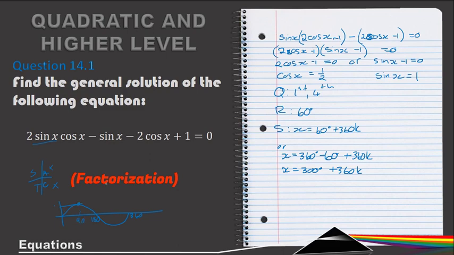So I can see that sine x is equal to 1 at 90 degrees, and then it's 1 again every 360 degrees. So I put in my 360k, my period. So here we go. This is then my general solutions for this problem.